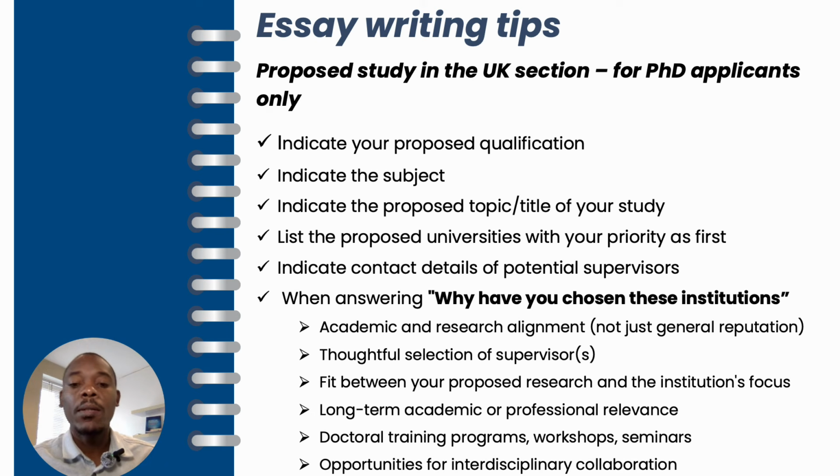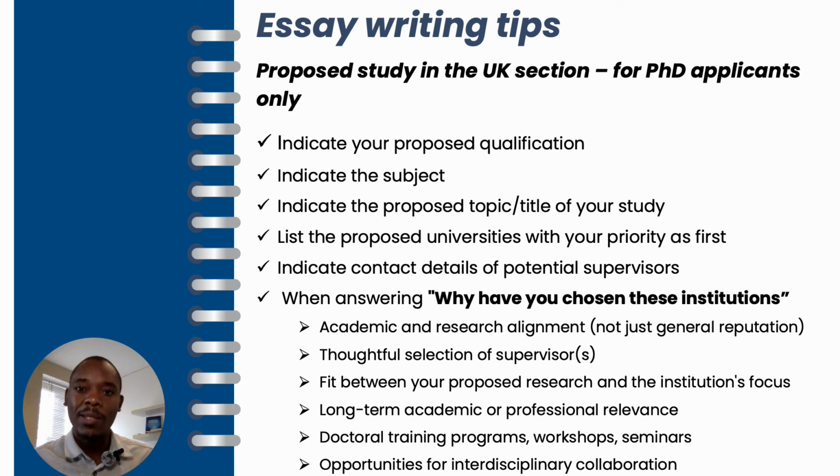Then when answering the component of the question that asks why you have chosen these three institutions, you should consider how these institutions you have selected are related to academic and research alignment, how the study that you want to do is related to the university that you've selected. You shouldn't just write generally because it's prestigious.